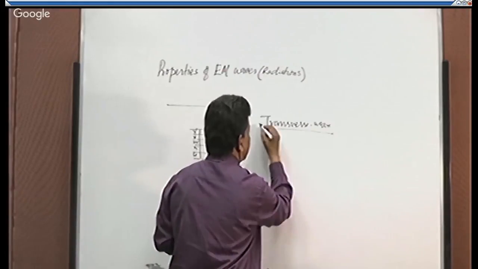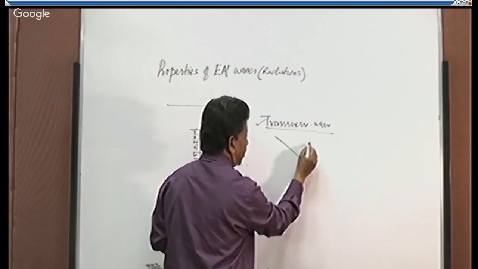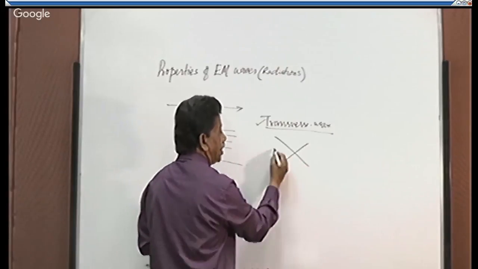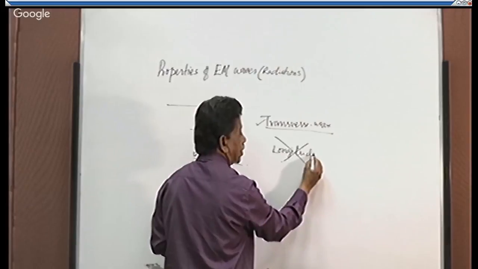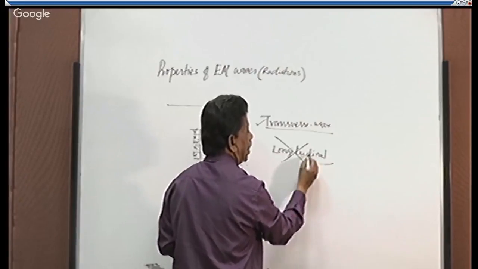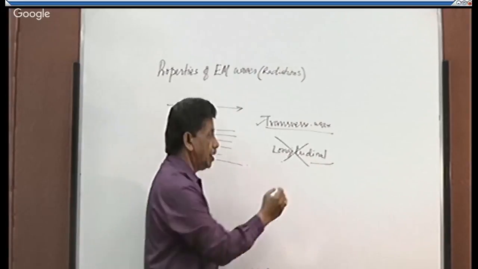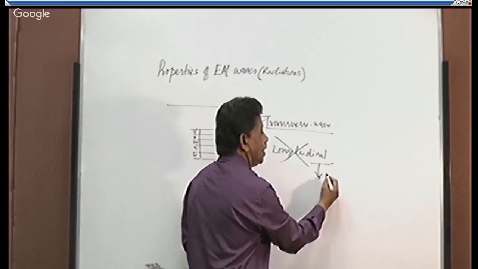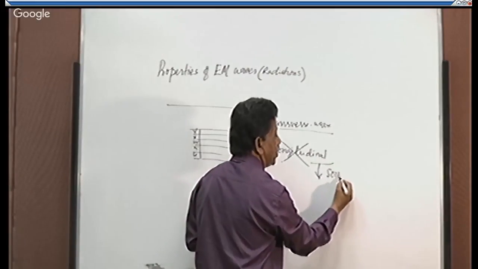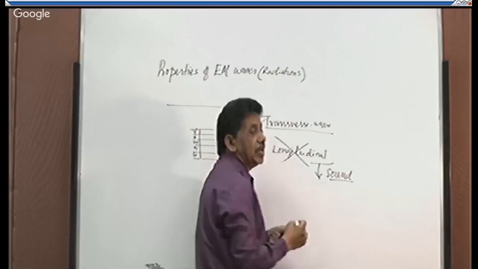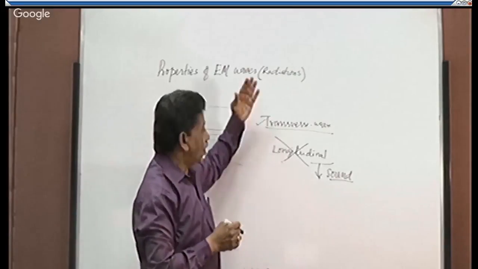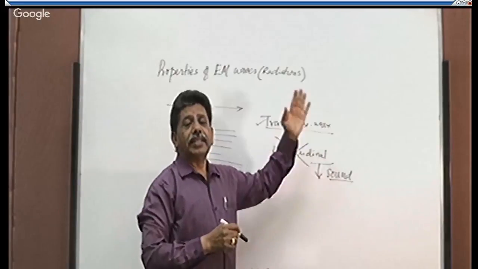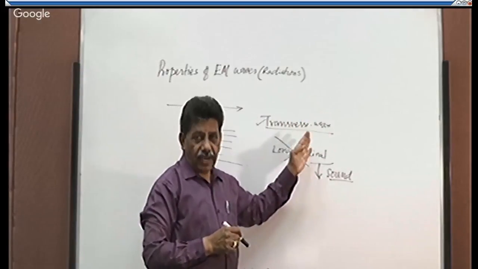If it is transverse, it is not, fill in the blanks, longitudinal. They are not longitudinal waves. Longitudinal waves we have studied. Sound waves are longitudinal in character, whereas light waves and all electromagnetic radiations are transverse in nature.